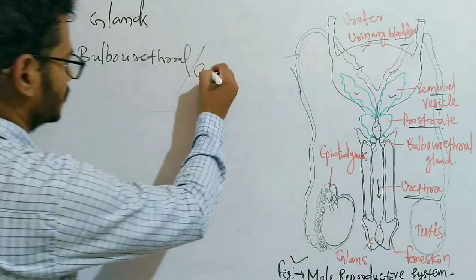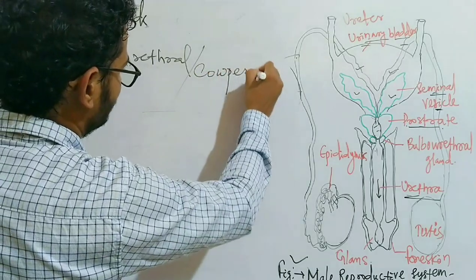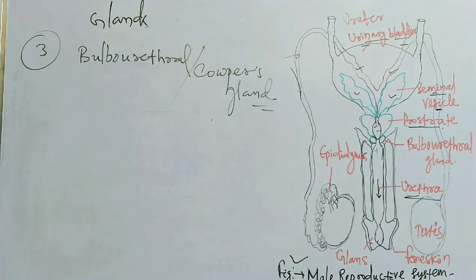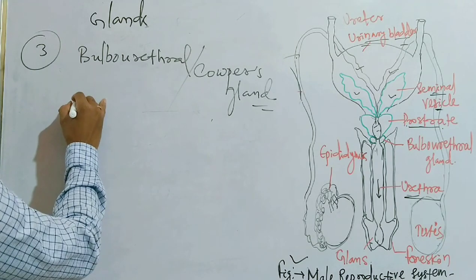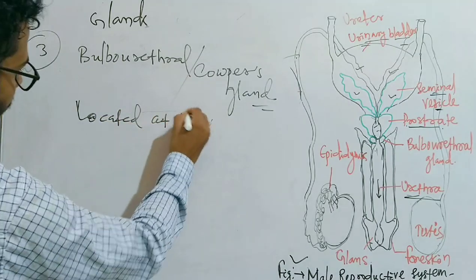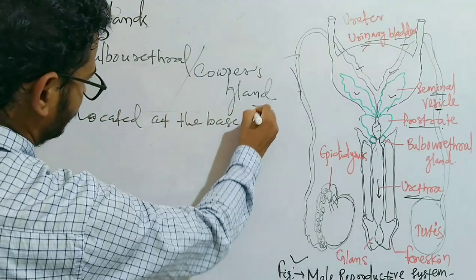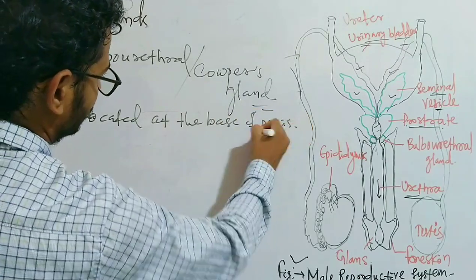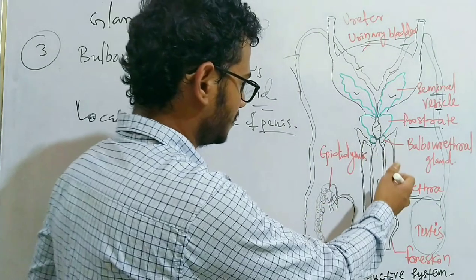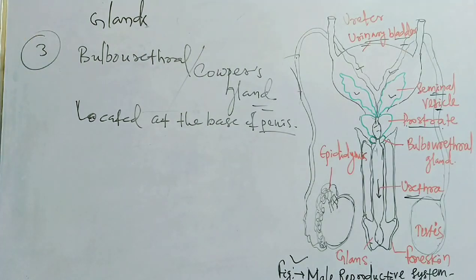Bulbourethral gland, which is also known as the Cowper's gland. Okay, so the Cowper's gland or the bulbourethral glands are very small and located at the base of the external genital organ, that is the penis, behind the urethra, the pipe.